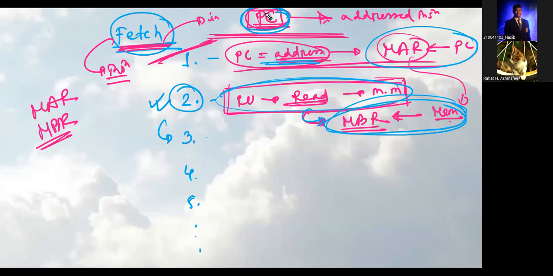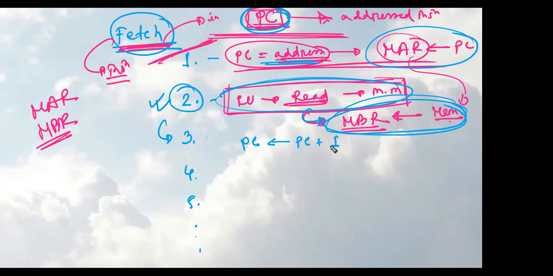So is this PC valid? No, because that content is already used. So I need to update the PC content. How is it possible? Do you have any idea? PC will be PC plus 1, or the length of the instruction. So it is your task number 3.